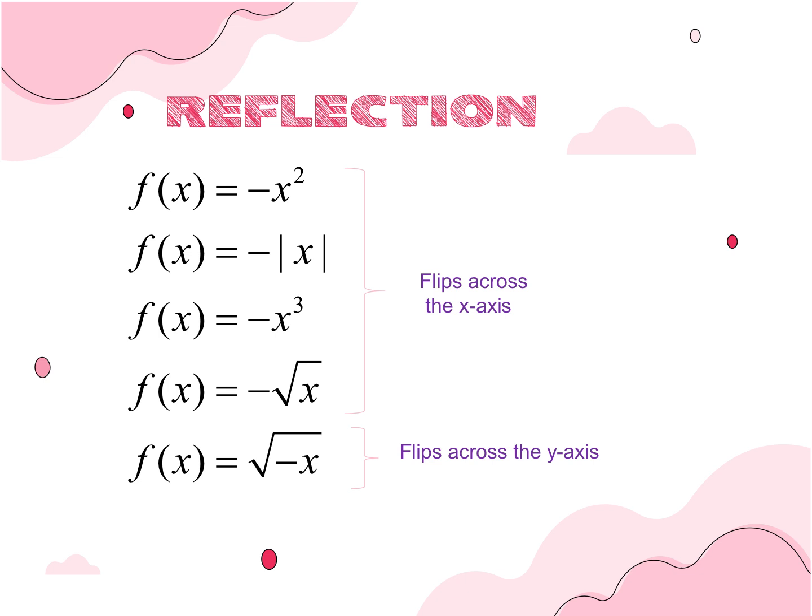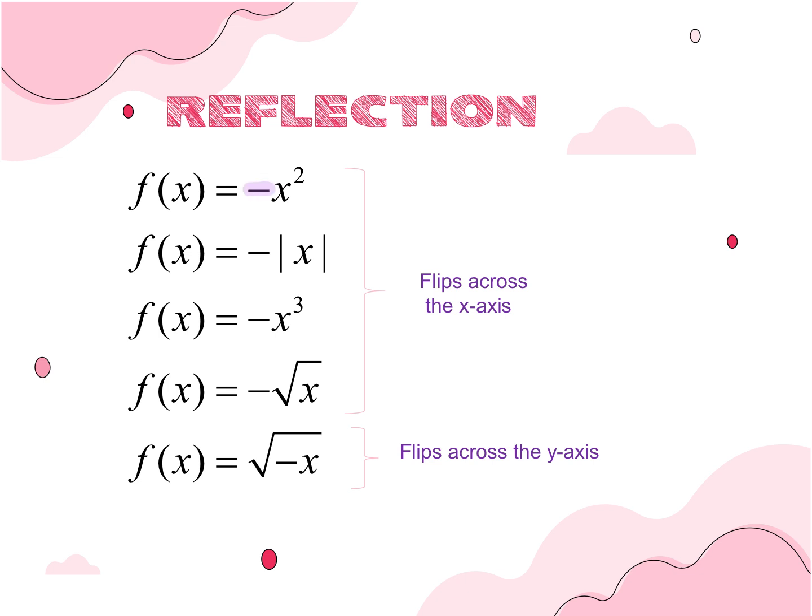So looking at reflections, what do we have to know about reflections? Is it reflecting over the x-axis or the y-axis? Looking at these examples or explanations or rules, how can I determine if it's a flip over the x-axis? Look at the negative sign. Where is the negative sign placed?